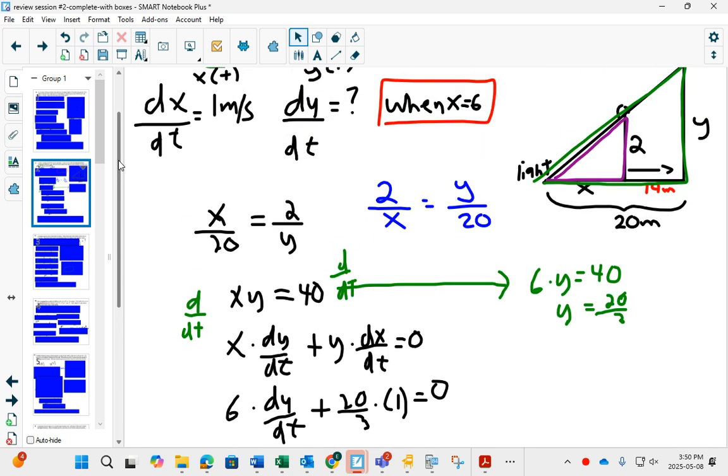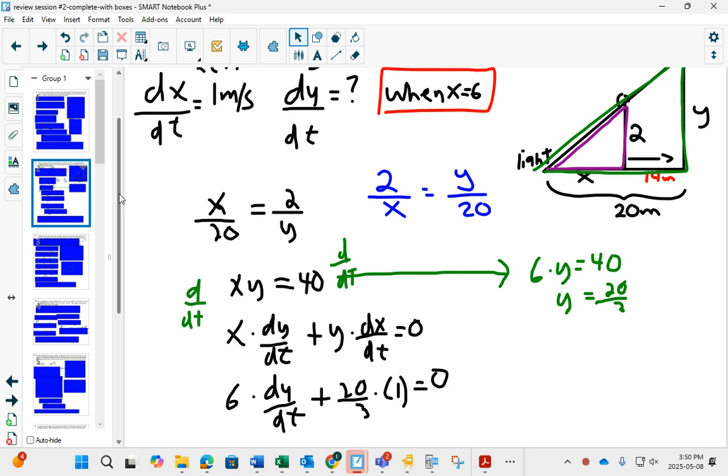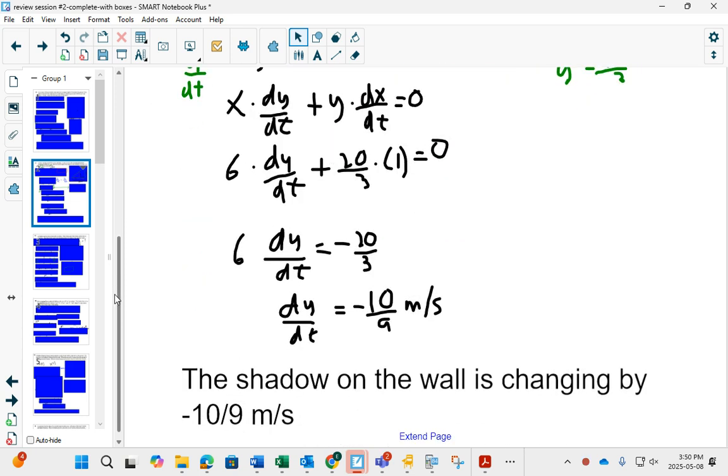So be careful with, and I think I wrote it in red here, that 14 in red is not something set in place. You're only going to use values like when x equals 6 once you've done your derivatives, put everything in, and now want to find a specific moment.